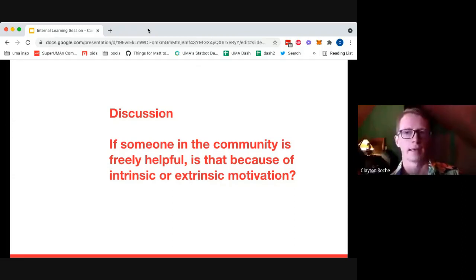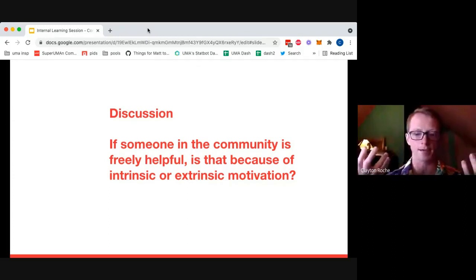Sure. I think these are really great points. And an interesting thing for me as I think about this question is that we are dividing intrinsic and extrinsic across the board of wanting other people to be happy or to do something nice versus financial payout.